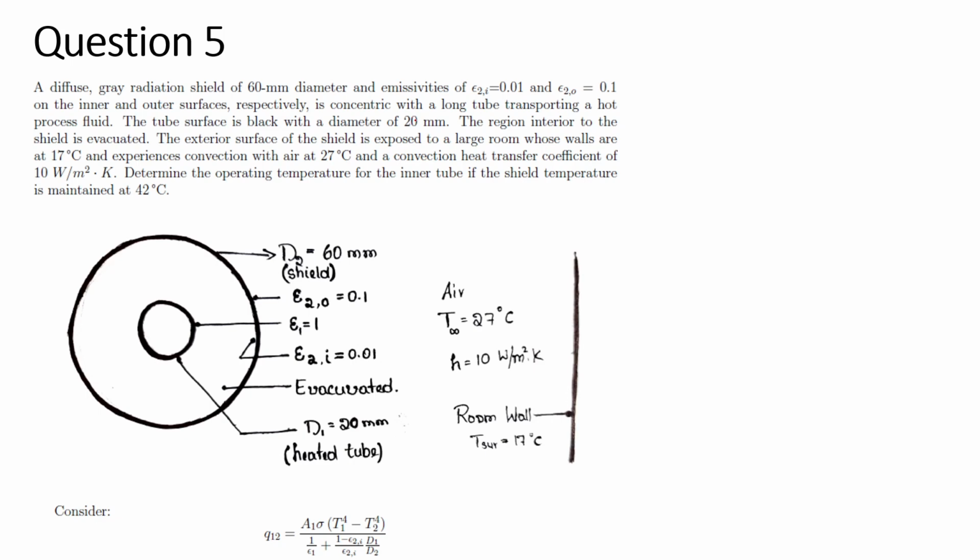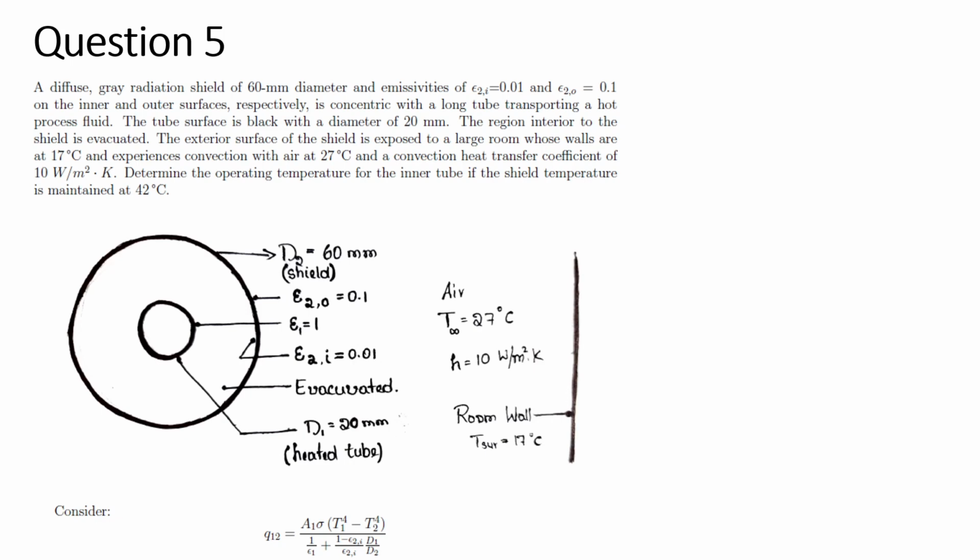The tube surface is black with a diameter of 20 mm. The region interior to the shield is evacuated. So basically over here we are having vacuum. The exterior surface of the shield is exposed to a large room whose walls are at 17 degrees Celsius and experiences convection with air at 27 degrees Celsius and a convection heat transfer coefficient of 10 watt per meter square Kelvin. Determine the operating temperature for the inner tube if the shield temperature is maintained at 42 degrees Celsius.